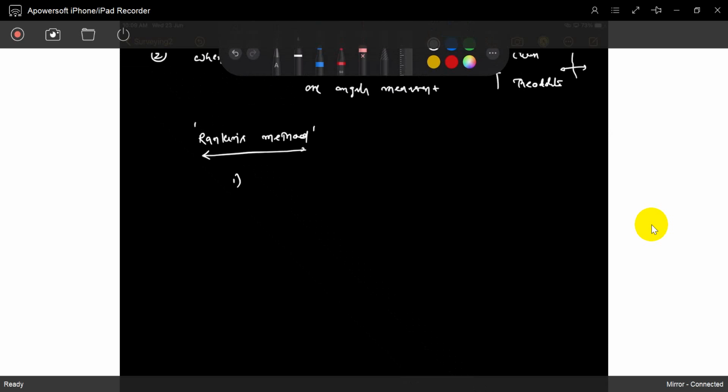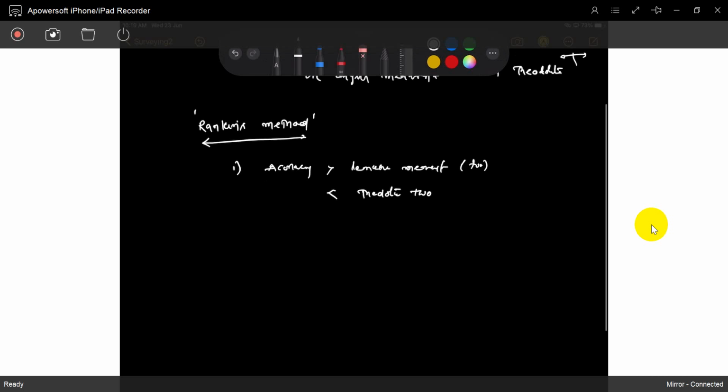It will give accuracy greater than linear measurements, but less than two theodolite methods. And also it is mainly used for railway tracks.